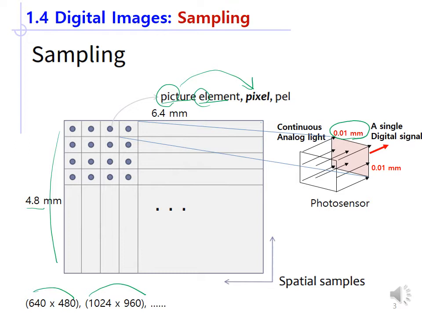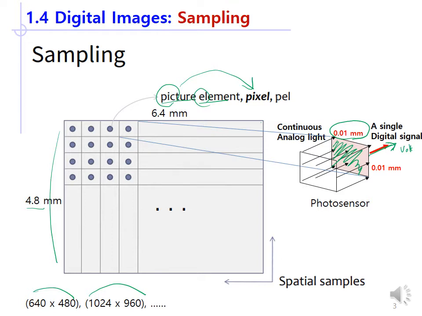If there are 640 by 480 photosensor cells in the CCD chip, each photosensitive cell receives light on each photosensor area over here. Then it turns it into a single electrical signal. So they receive light and turn it into an electrical signal, a voltage.